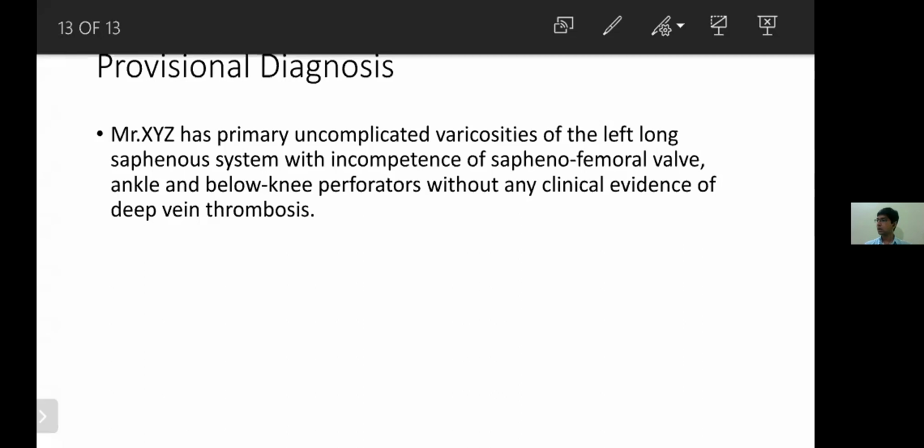Okay, so a few terminologies have not been cleared out. What is corona phlebectatica? It is telangiectasia around the ankle, also called malleolar flare.